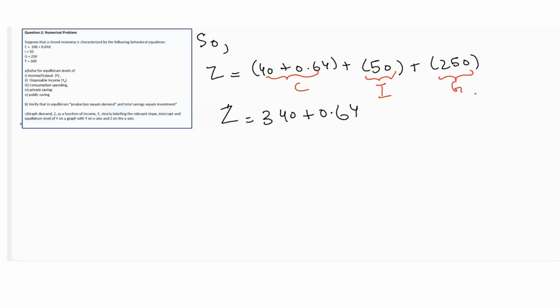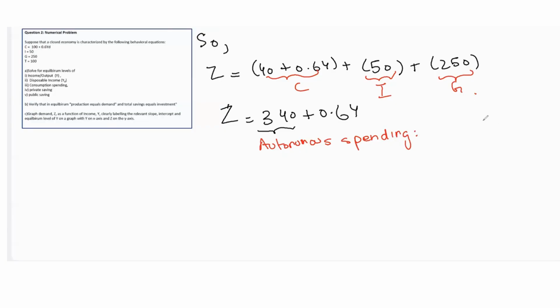Now, this term 340 is what we call autonomous spending. So we have our demand function Z, and this term is autonomous spending. What is autonomous spending?